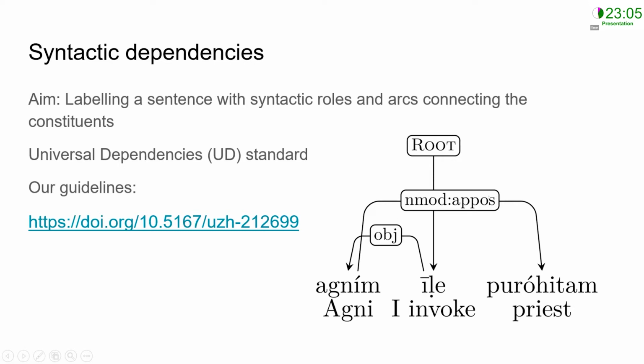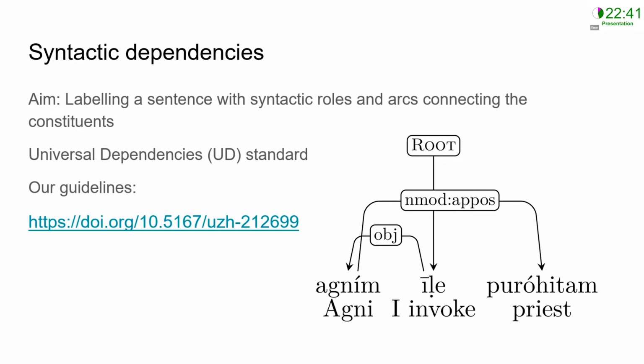Of course, you can have many and long discussions about how to label them and how to draw the arcs, but this is a basic process. My example here is a very simple short sentence, but you can imagine, for instance, in the Brahmana, Shatapatha Brahmana, a sentence may have 50 or 60 words, so you get really long and complicated constructions here.